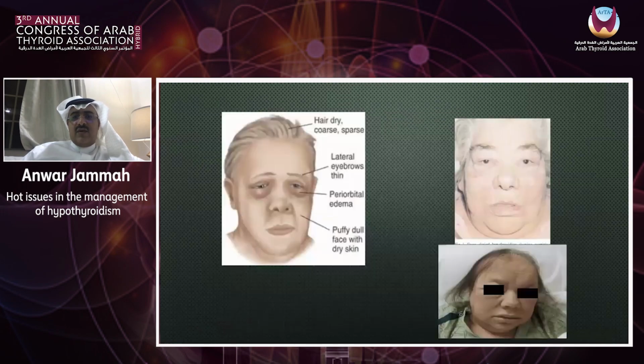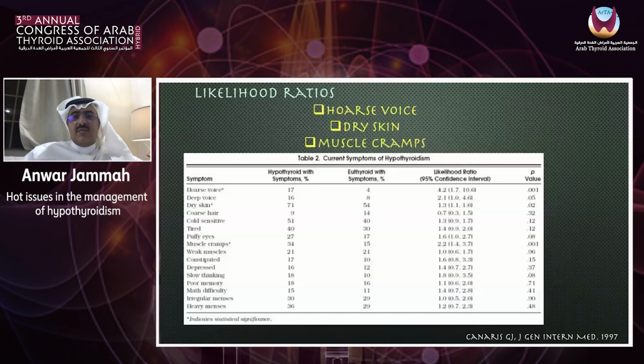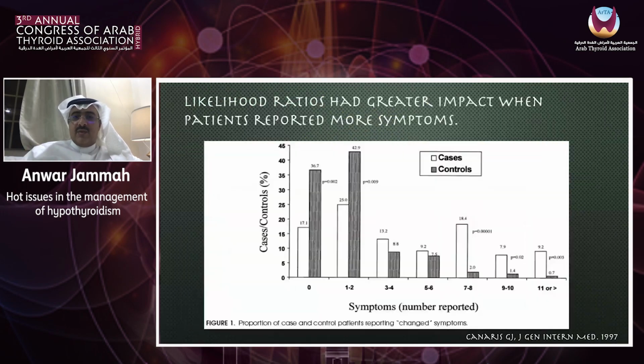This is the phases of hypothyroidism, and this is the difference between patients who have hypothyroidism before and after treatment. In this slide, I want to show that the symptoms with the highest positive likelihood ratio for hypothyroidism are hoarseness of voice, dry skin, and muscle cramps.